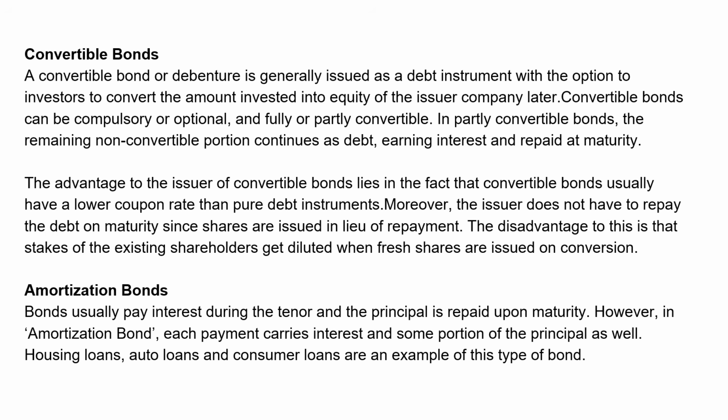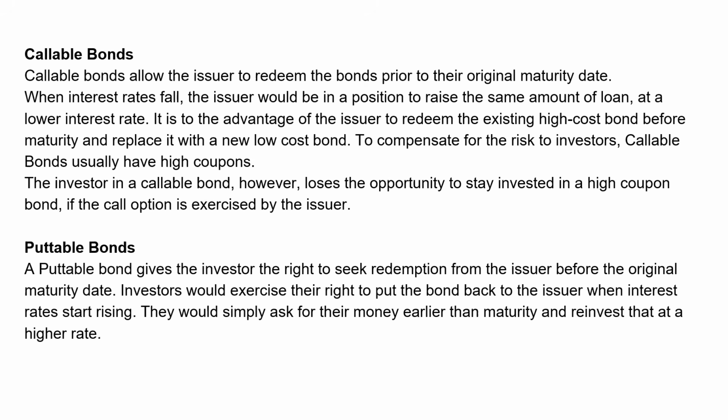So amortization bonds also work the same way, each payment will carry both the interest as well as the principal amount. So there is no need to pay a bulk lump sum amount to the person who has invested in this bond. That is how amortization bonds work.